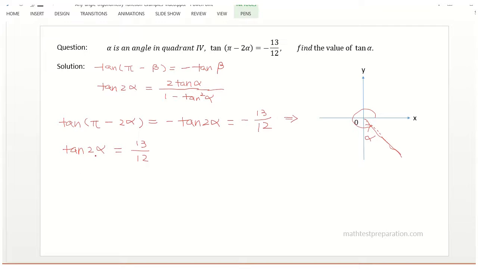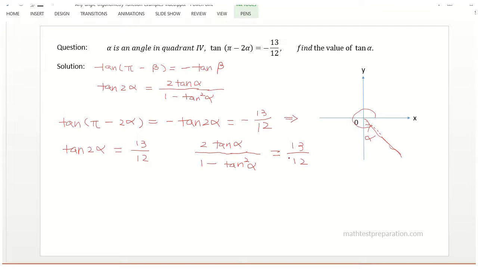And tangent double alpha equals 2 times tangent alpha divided by 1 subtract tangent alpha square. This equals 13 divided by 12.